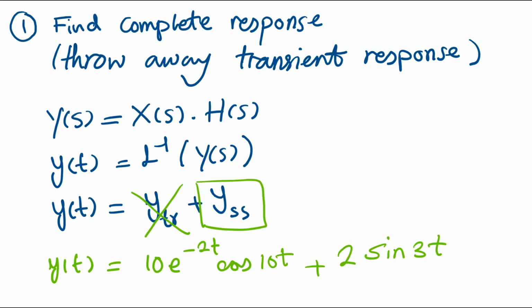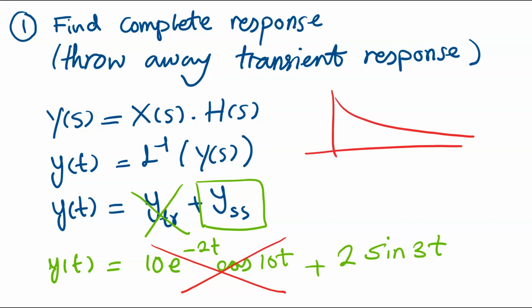So here you can see two different terms in our total response, and this first portion is basically our transient response. Why? Because this e to the minus 2t will damp, will die after a long time. So this part is showing you the transient response of the system, but the other portion does not have any dying factor. So it will remain in the circuit, and that's your steady state response.